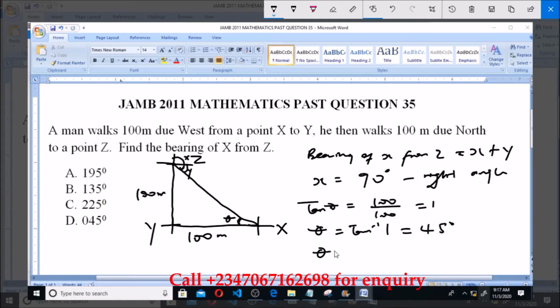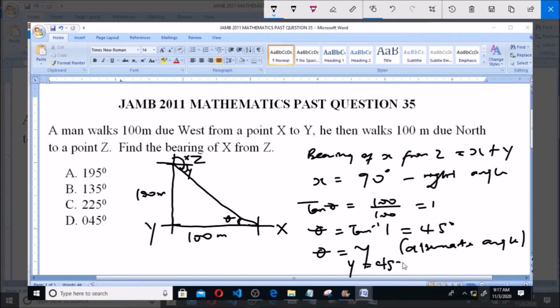And like I say, theta is equal to Y. They are alternate angles, so they are equal. So we can now say that angle Y is equal to 45 degrees.